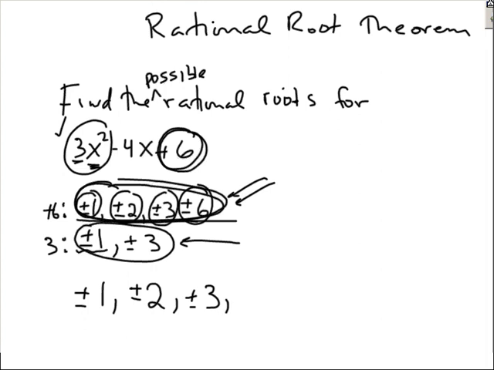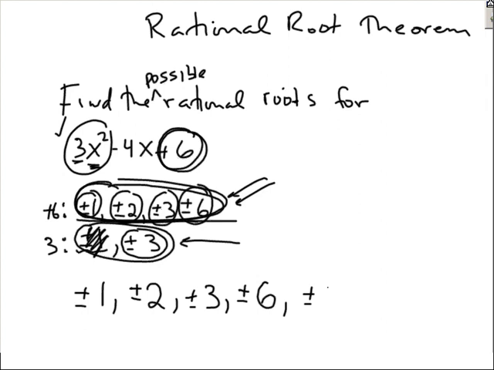Plus minus 6 divided by plus minus 1 is plus minus 6. So I divided all the top numbers by plus minus 1. Now I'm going to continue by dividing the top numbers by plus minus 3. So I take plus minus 1 and divide by plus minus 3, and the answer I get will be plus minus 1/3.